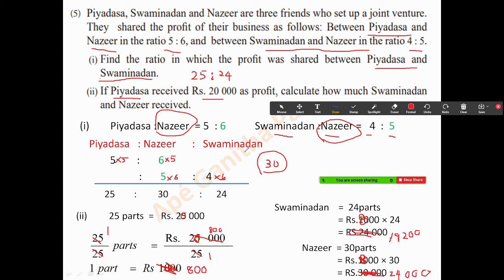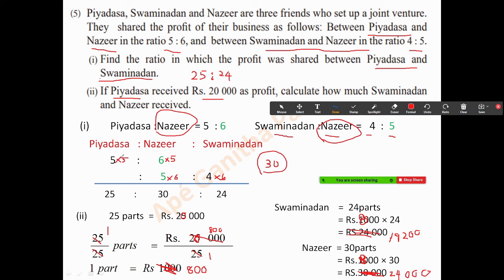Now again look at the question. Swaminathan to Nasir ratio was 4 to 5. Piyadasa to Nasir 5 to 6. First write the two ratios. Now combine those ratios, Piyadasa to Nasir to Swaminathan.